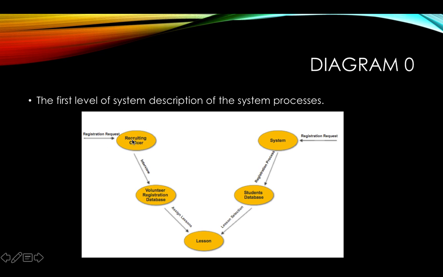Now over here, like I said before, they go through an interview, a phone interview and a Skype interview, which in turn puts them into the registration database, and then they can assign them lessons. Now on this side, through their business, it goes system to registration process and enters them into the student's database, and which they can in turn choose a lesson or be provided a lesson for.